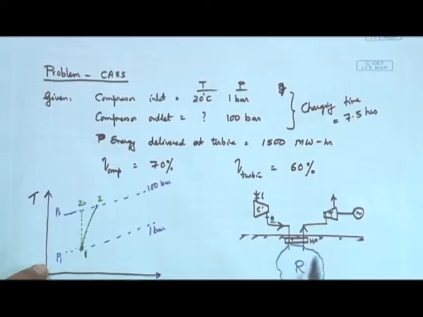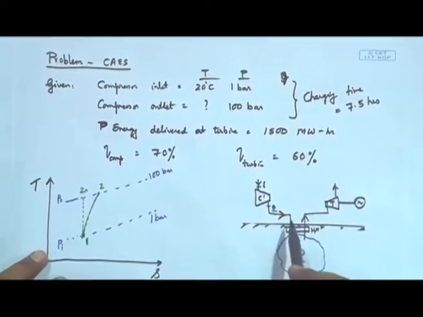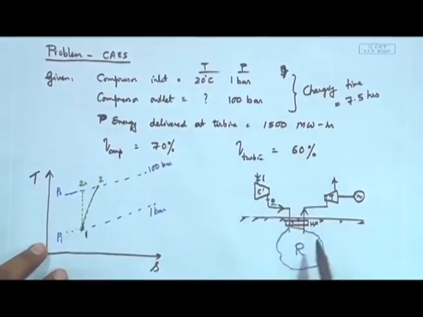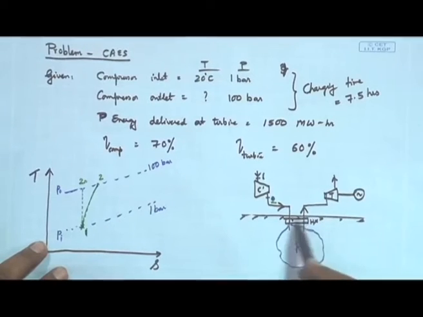So, mass of air was known, and then assuming that of course, the pressure will be at 100 bar, and assuming that the temperature it was cooled down by this regenerative heat exchanger back to 20 degrees, which is an assumption which we clearly stated, we could find out using the ideal gas law what is the volume of the storage, and then once we know the volume, this is what was stored. It took 7.5 hours to fill up this by the compressor. So, divided by 7.5 will be the volume flow rate of air into the reservoir. Okay.